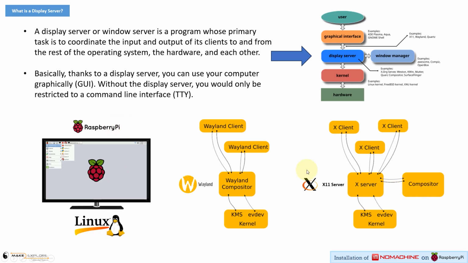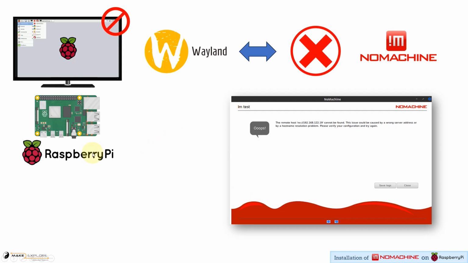Typically in older Raspberry Pi OS, X11 was used as the display server protocol, but in the latest versions they have added support for Wayland. Here Wayland handles how graphical applications display on screen, but due to some issues or bugs for NoMachine, Wayland was not working during our experimentation.